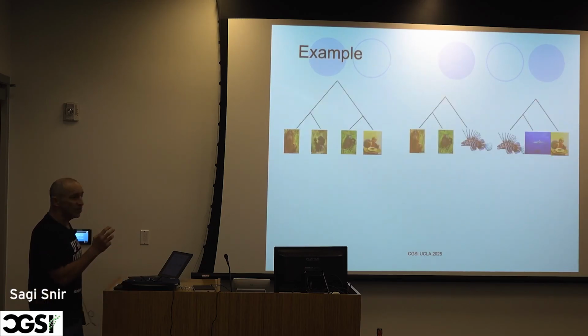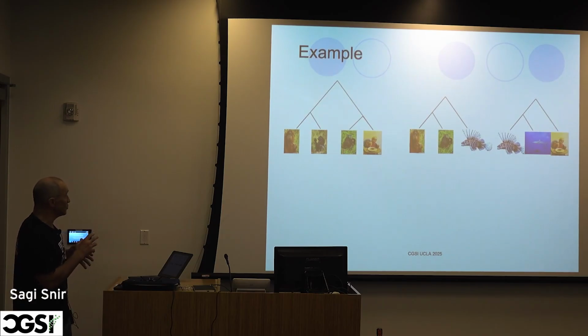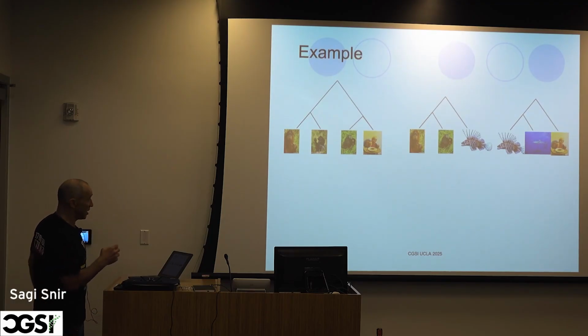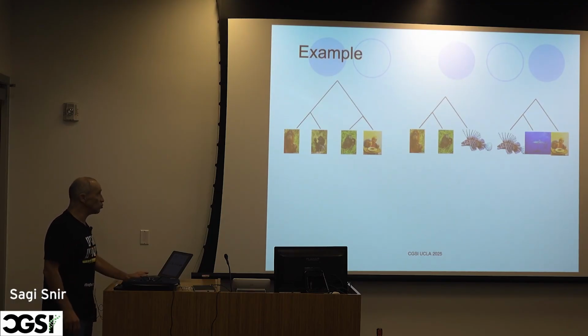Let's see a very illustrative example. We have these three trees that were constructed somehow over that species set, and you want to combine them.